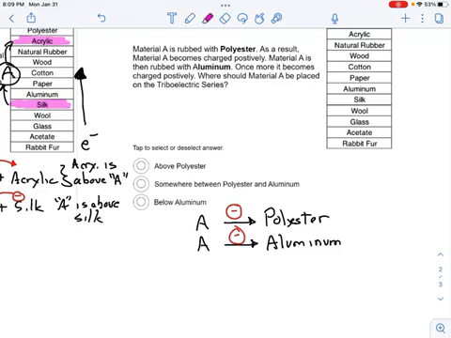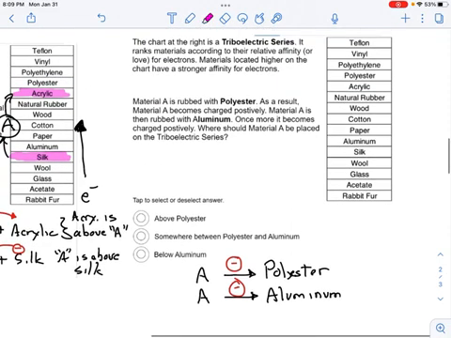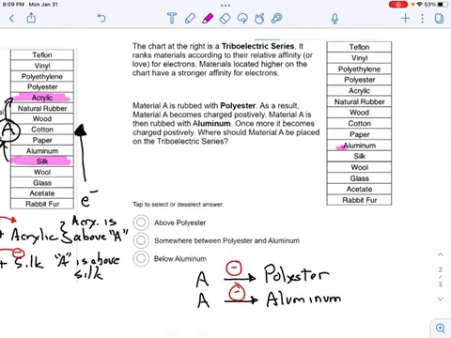Where should material A be in the series? So if we look at aluminum and we look at polyester, in both cases, the electrons were given to polyester and given to aluminum. That means that, remember that electrons move up the chart.